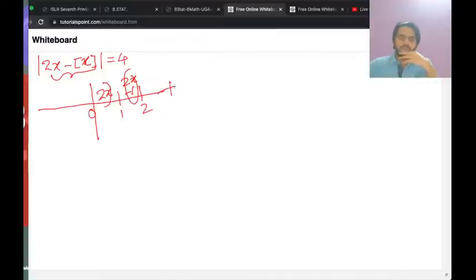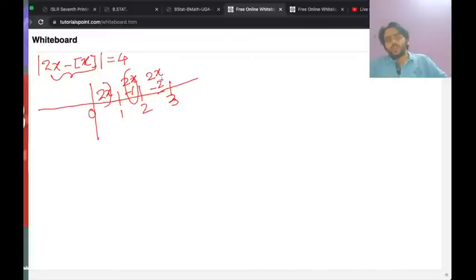Now if we look at between 2 and 3, the GIF of this will be simply 2. So one second, this will be 2x minus 2. If we look at the maximum for this, it will be close to 3. So let's put 3 over here. 2 threes are 6 minus 2, 4.